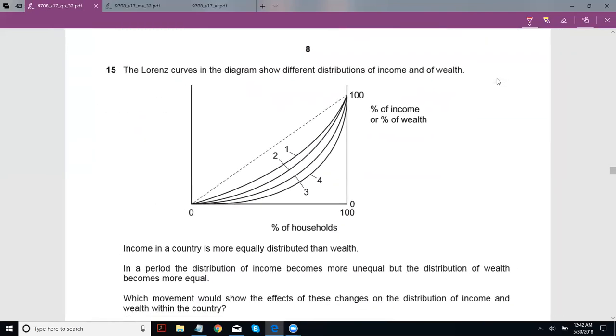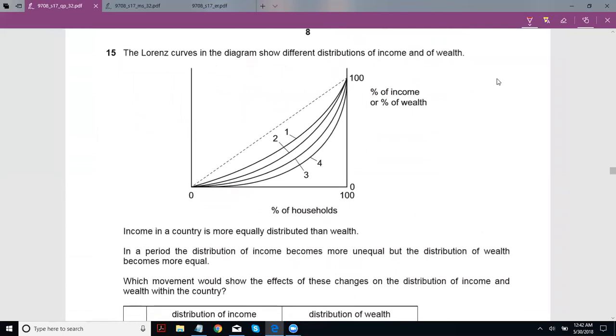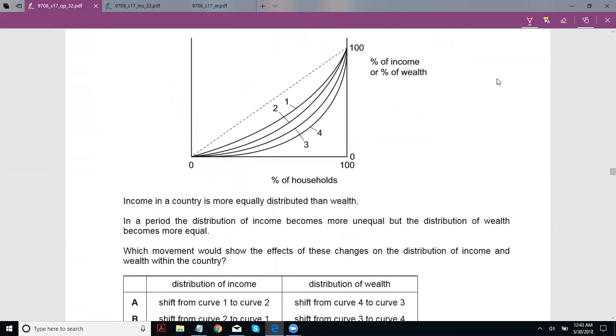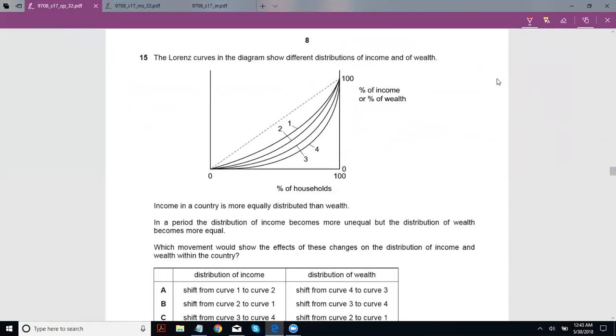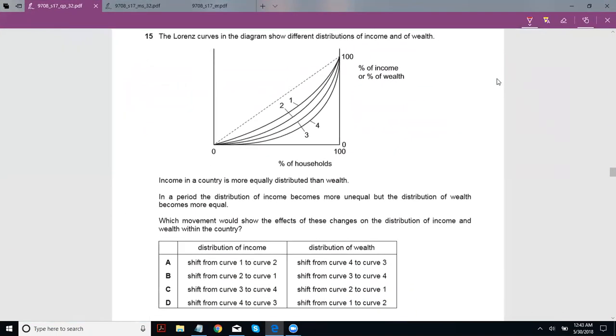The Lorenz curve in the diagram shows different distributions of income and of wealth. Percentage of income or percentage of wealth. Yeah, exactly. Income in a country is more equally distributed than wealth.